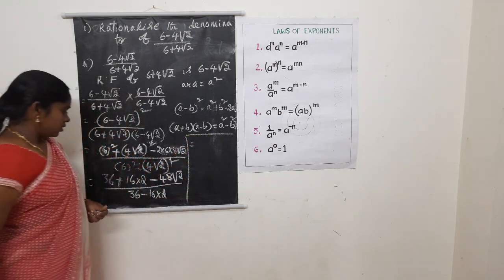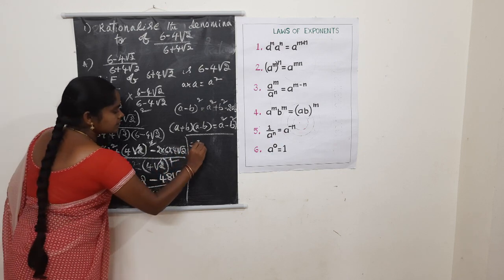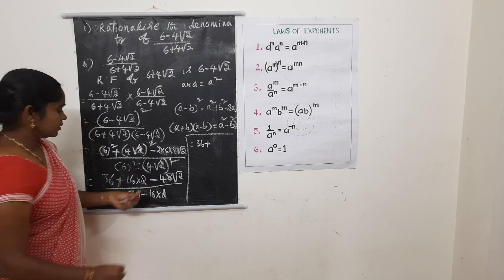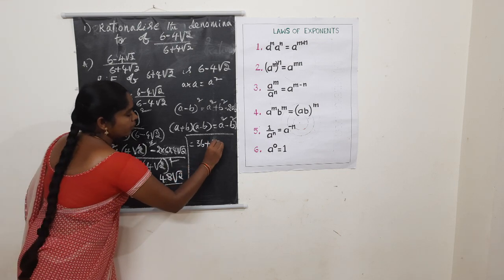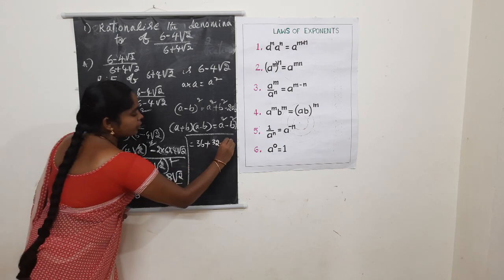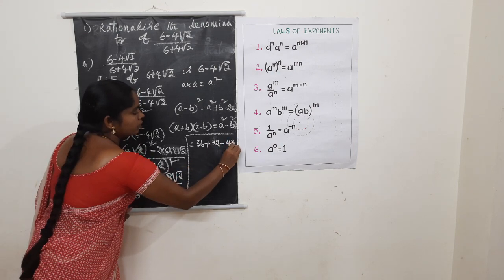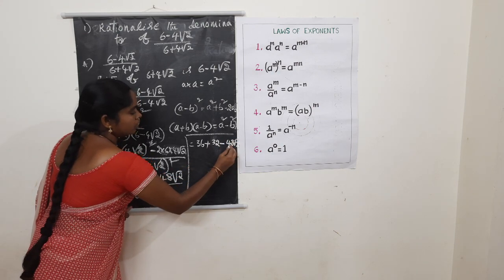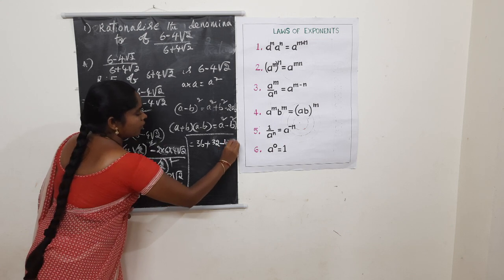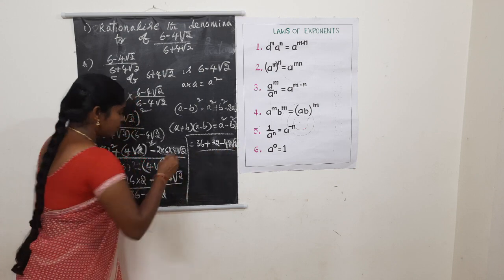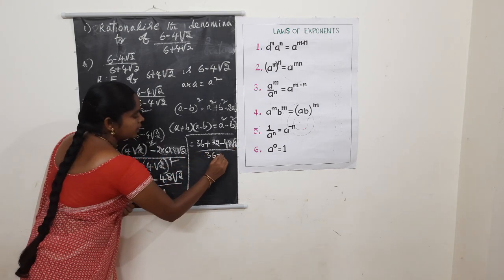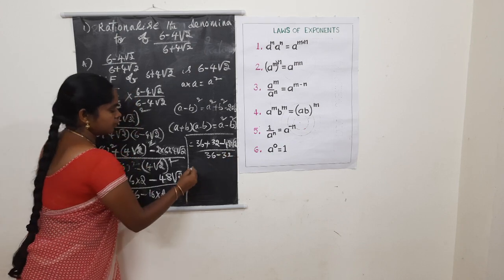So 36 plus 16 twos are 32, minus 48 root 2, by 36 minus 32.